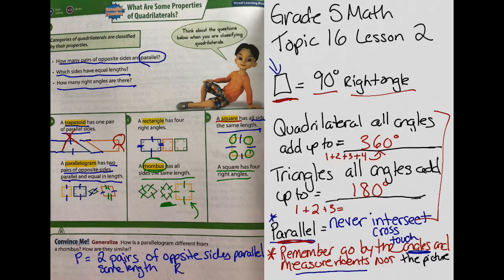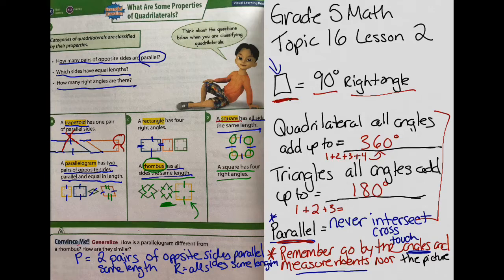My rhombus has all sides the same length. Okay, so all sides same length. So how are they different?